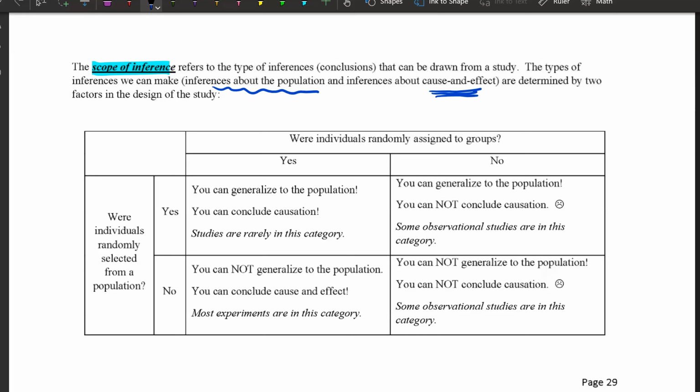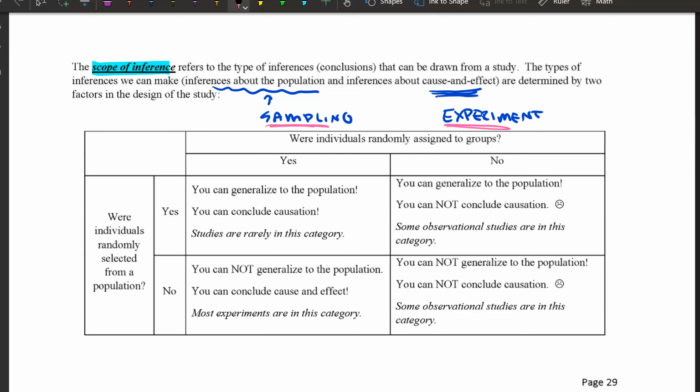It's literally going to be, if you use proper sampling, then you can generalize to the population. And if you designed a good experiment and you followed the rules of good experimental design, then you can prove cause and effect. And that's it. And you can kind of have both. If you sample and experiment, then you'll have both.